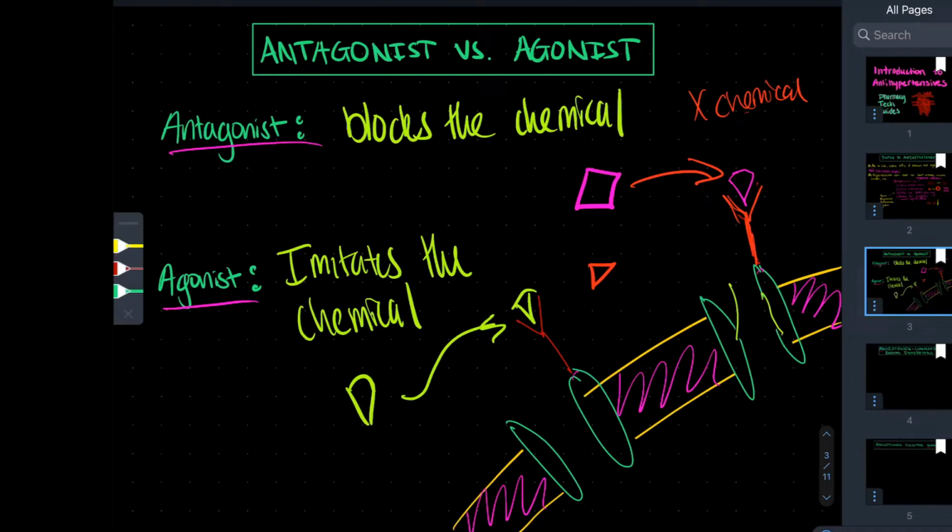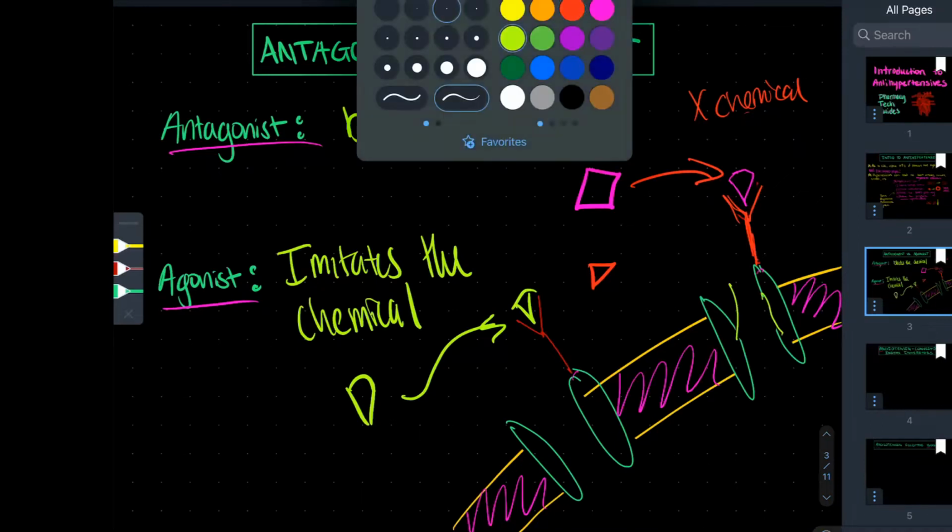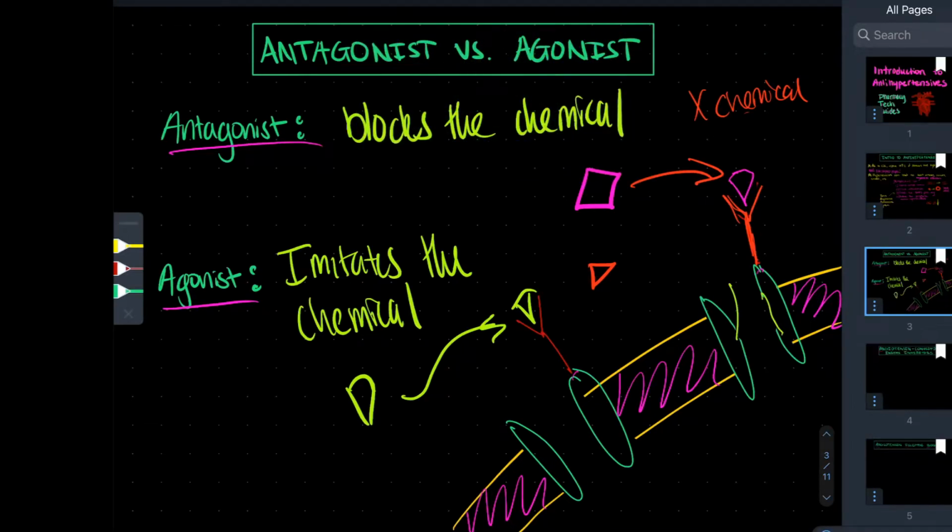So like let's say you just don't have enough X chemical to produce the effect of opening the channel. So sometimes we have medications that act as agonists. So it will still open the channel for whatever, maybe some ions go through here or something, but agonists will reproduce the effect of whatever chemical.